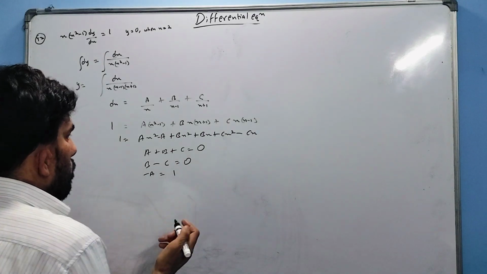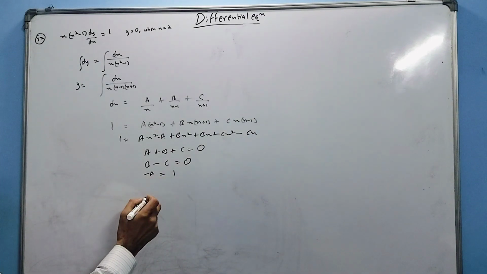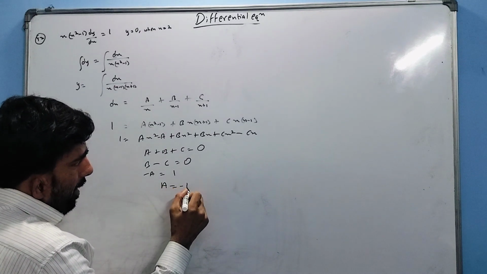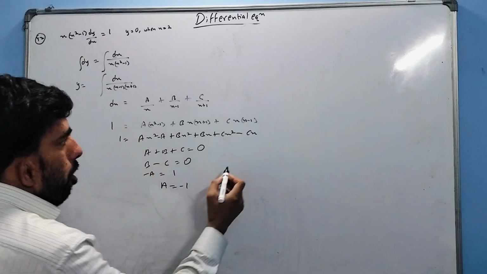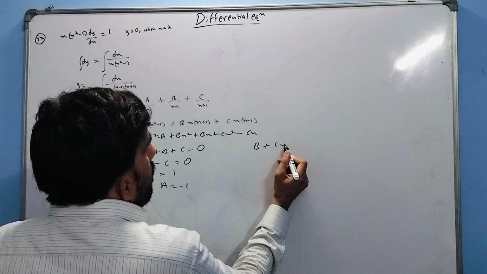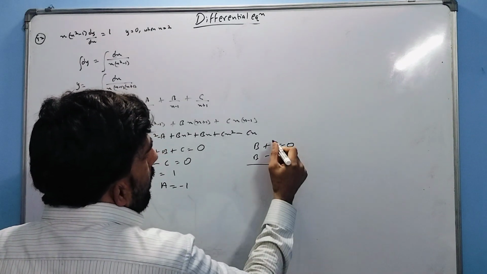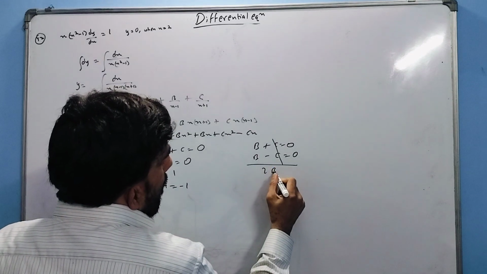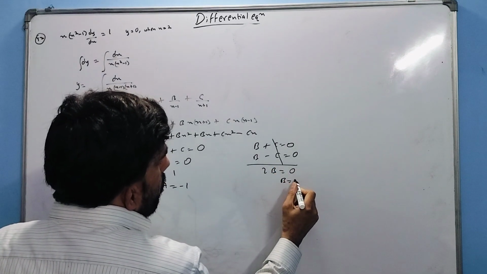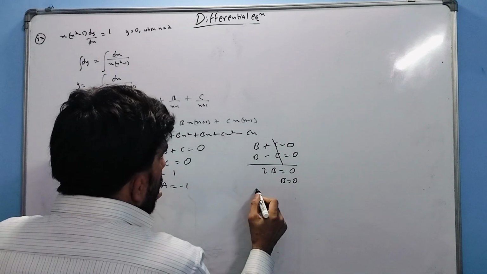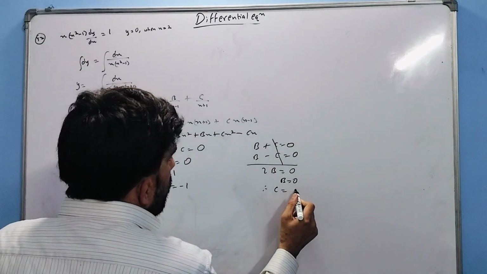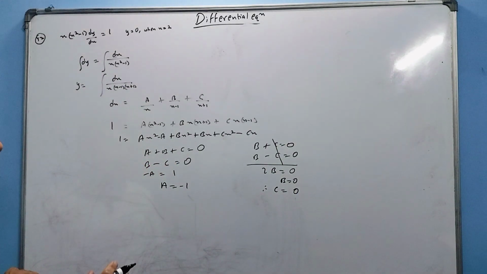Minus a is 1, that is a is equal to minus 1. Put here, so I got b plus c is equal to 0 and b minus c is equal to 0. If I add these, I got 2b is equal to 0, that is b is equal to 0. So c is also 0. Now put these values here.